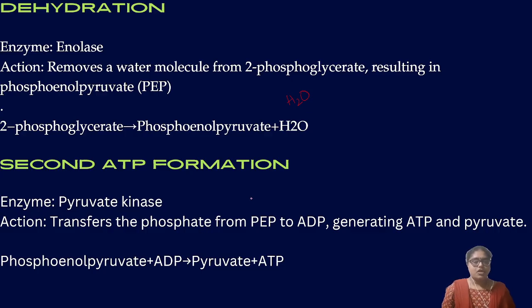From PEP, the phosphate group is attached to the ADP to form pyruvic acid. And from the pyruvic acid, the second step of the respiration continues.